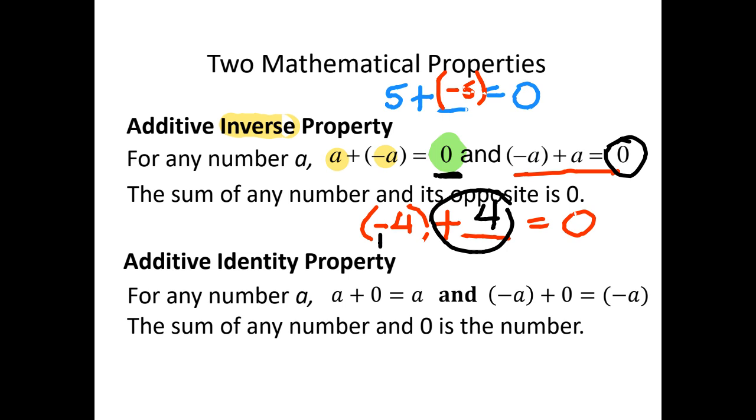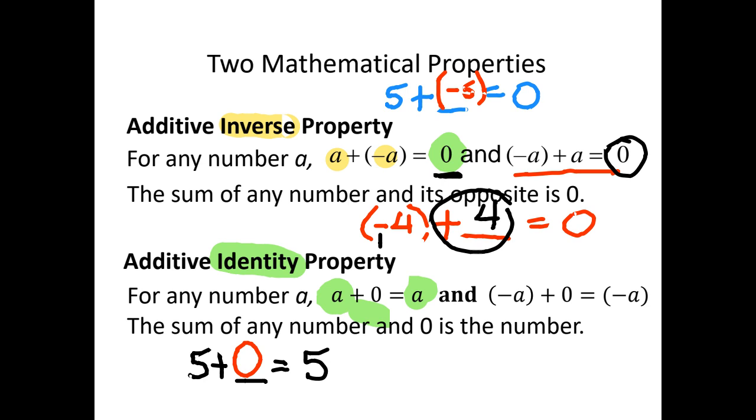Now, when we look at the second property that we're going to talk about today, this is called the identity. What it's saying is, if I take a number and add 0 to it, I'm going to get the same number. Here's some examples. If I take a positive 5 plus blank equals 5, hopefully I know this is 0 on the blank.